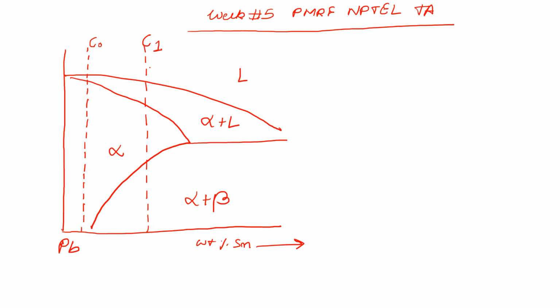Let's say this is C1 weight percent. If you are starting at a temperature above the liquidus, we'll have 100% liquid here, and the liquid composition will be uniform, equal to C1. As you go on cooling, let us mark our points. Let's say rather let us take this as C2, C1, this point A, this point C, and this is point B. We'll quickly see how the microstructures will look.